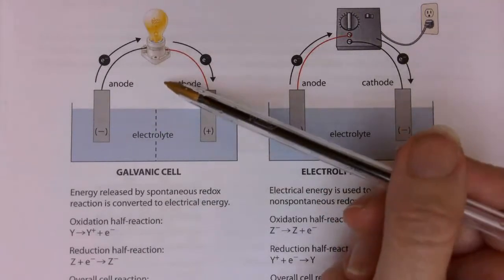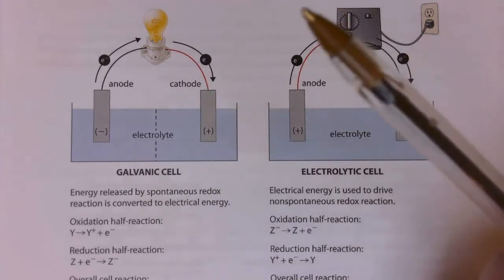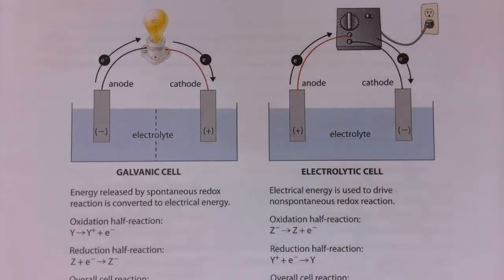But this is the one we're more interested in chemistry, because this is where we can release energy via the spontaneous or feasible redox reaction. And we can convert that redox reaction into electrical energy to run things like a car starter motor or a light or a phone or something else.